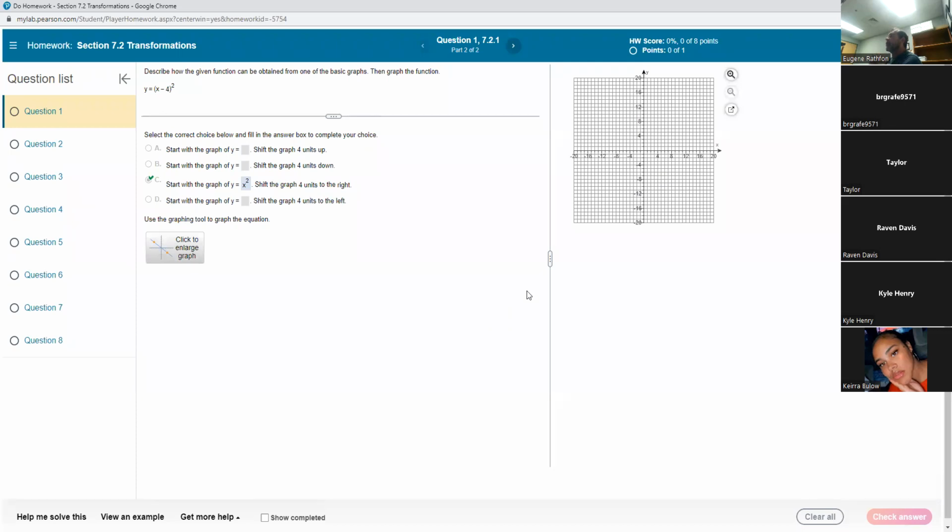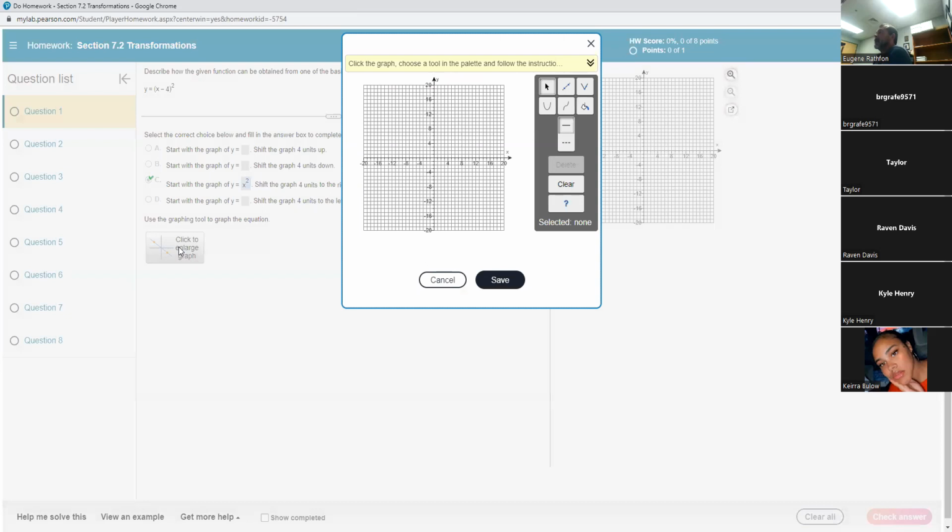Whoops, they want us to graph it. So this is what I mainly needed y'all to see. So watch what I do. I'm going to click it to graph it. So the x squared graphs look like parabolas. So I'm going to click the one that says x squared tool. Now watch this. Once you click it, go anywhere on the graph and click.